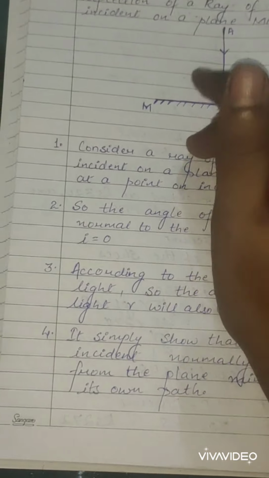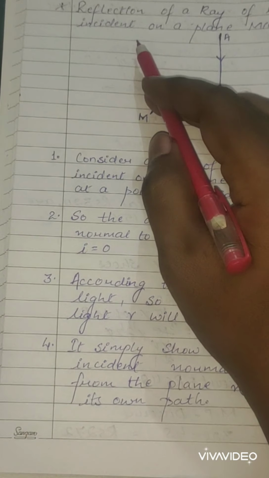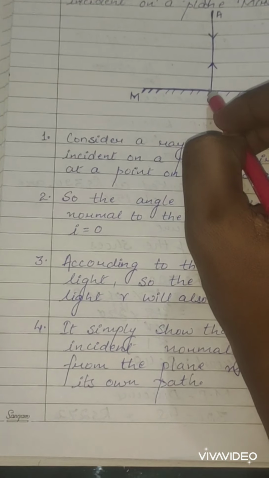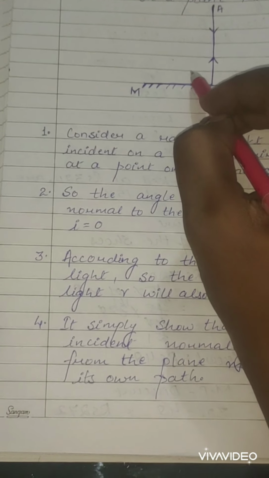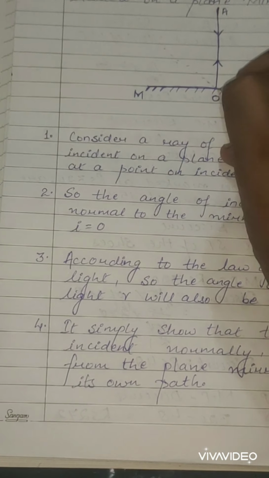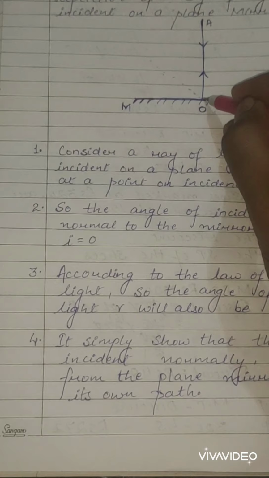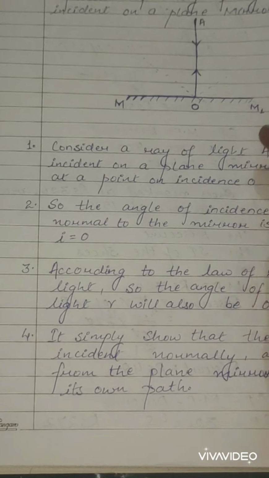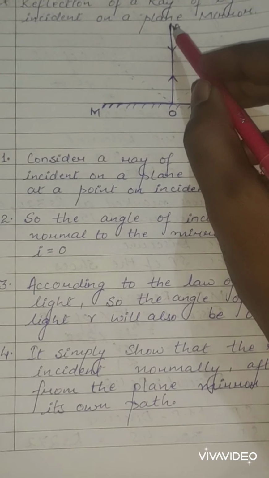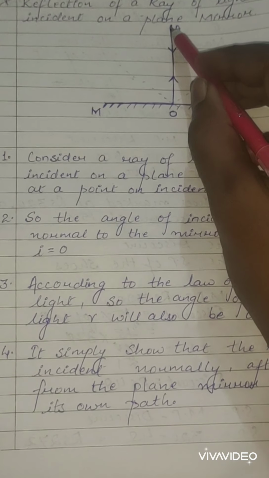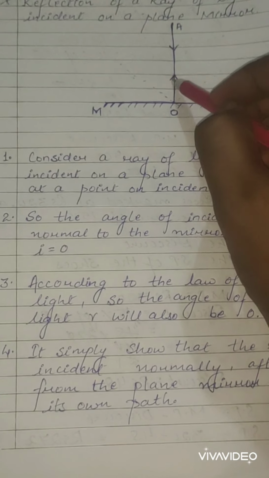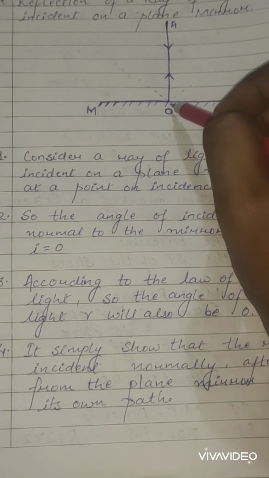Because the light is reflected at the point O, but we are taking the ray coming from point A, and it is falling straight on the point of incidence.